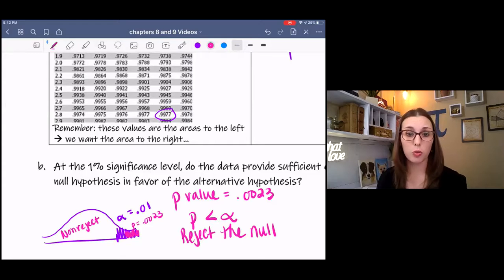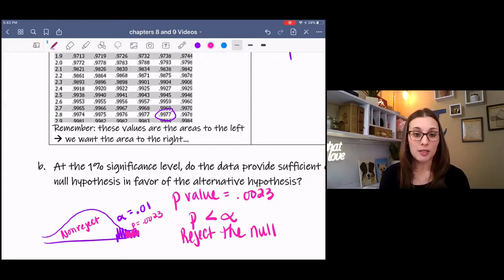So the test results were statistically significant. This means that for this problem, there would be some sort of mean, and we're claiming with 99% confidence that the population mean is within a certain range. And basically we're saying that if it's outside of that range, then we have reason to reject the null.